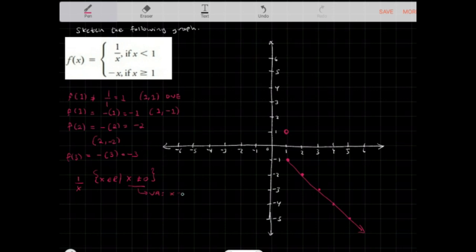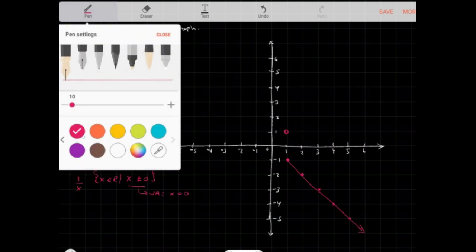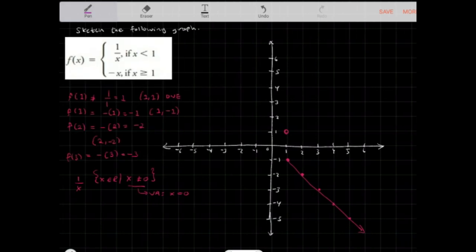So there's a vertical asymptote when x approaches 0, and I'm going to show you that by highlighting that the y-axis here is a vertical asymptote. So this whole y-axis is the vertical asymptote when x is equal to 0. Because of that, the graph won't hit that point. It'll get closer and closer to that point, but it'll never touch, right?